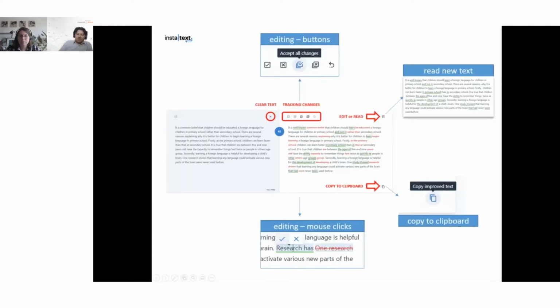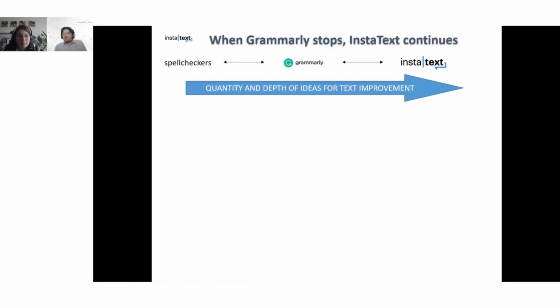Okay, so I hope you have an idea of how the tool is used. Now let's check some common questions, like how is this tool different from Grammarly? Yeah, okay, everyone knows Grammarly because they have probably spent way more than $500 million on ads already. But first, let me emphasize that the tool is based on a different technology.